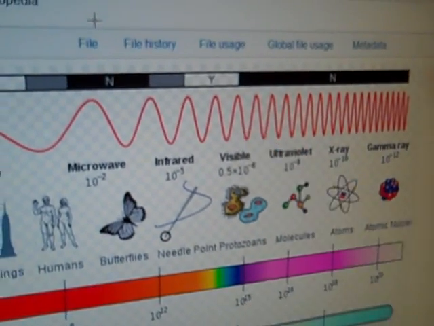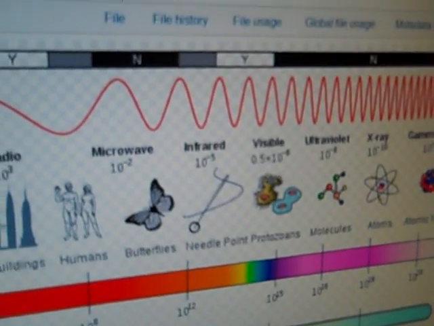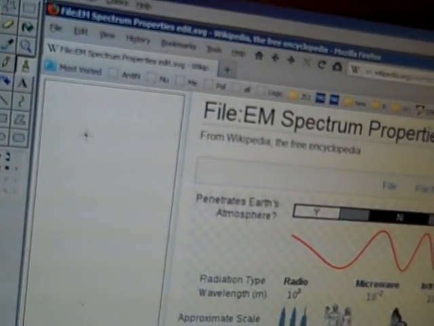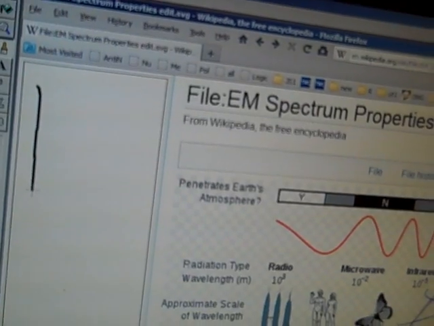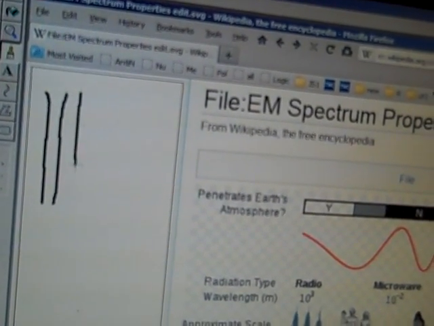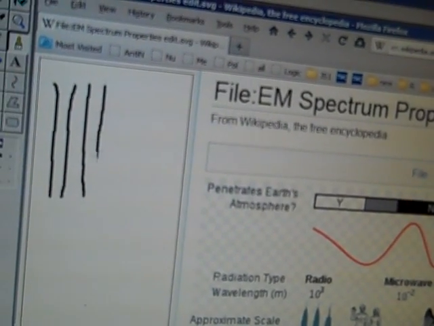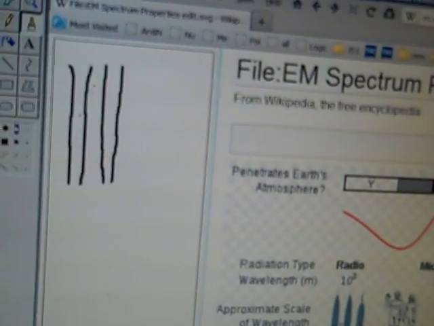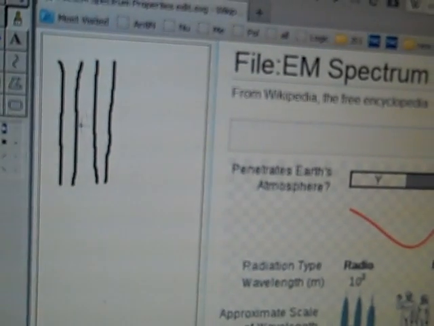We know that light can be filtered, so that indicates to me that it has a shape. Let me do this drawing and see how this drawing thing works. Polarized film basically works by having bars like this, and some light gets through and some light doesn't.